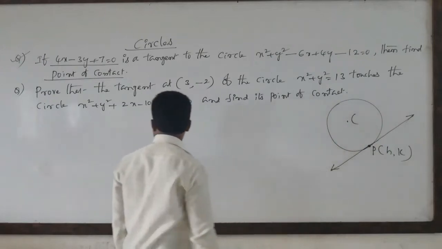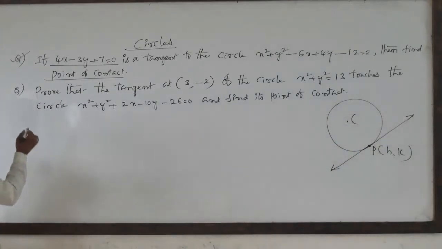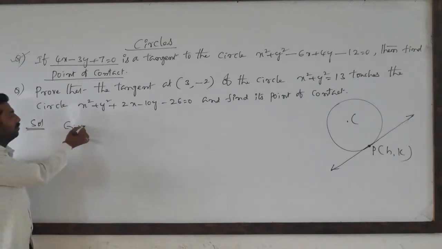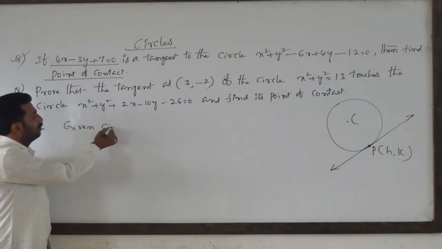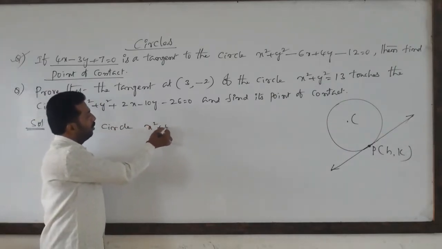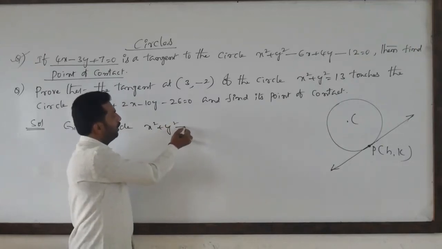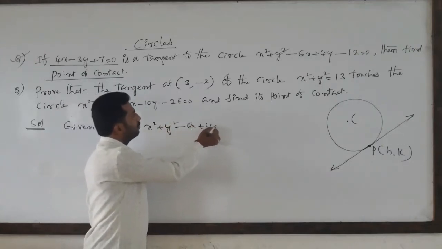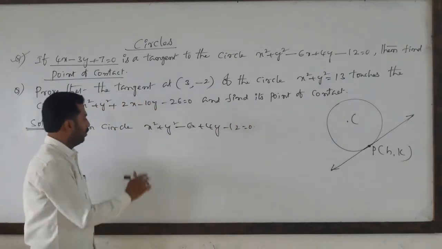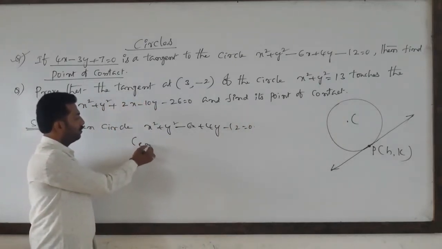So what is the given circle? x square plus y square minus 6x plus 4y minus 12 equal to 0. What is the center?